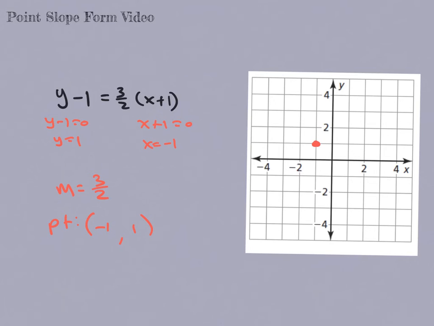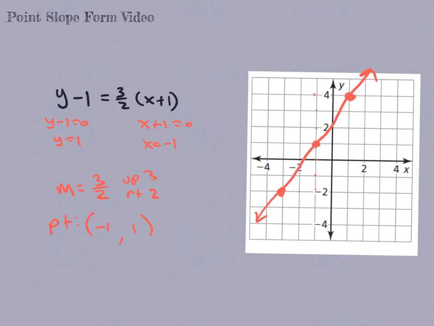This time my slope is up 3 and right 2, because it's positive. So up 3, right 2, puts me there. I could do backwards, down 3 and backwards 2. There's a point, and there's my line. Ooh, that's a little wobbly there. That's okay. All right.